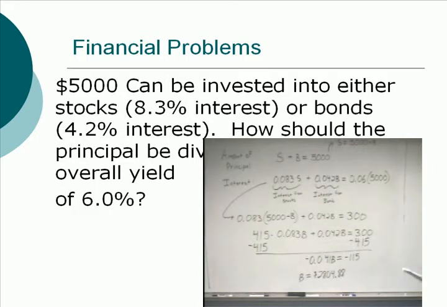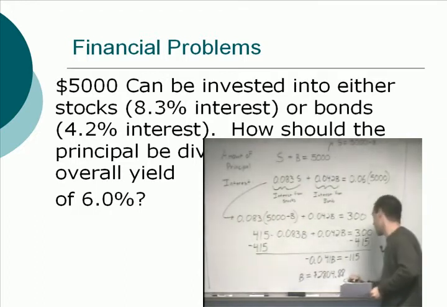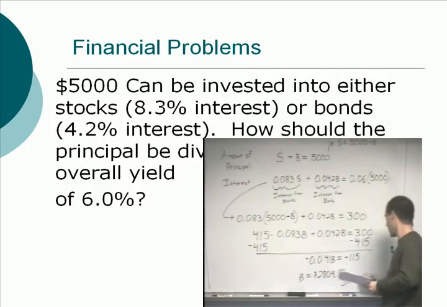The rest of the $5,000 has to be in stocks, and so the amount in stocks has got to be $2,195.12.